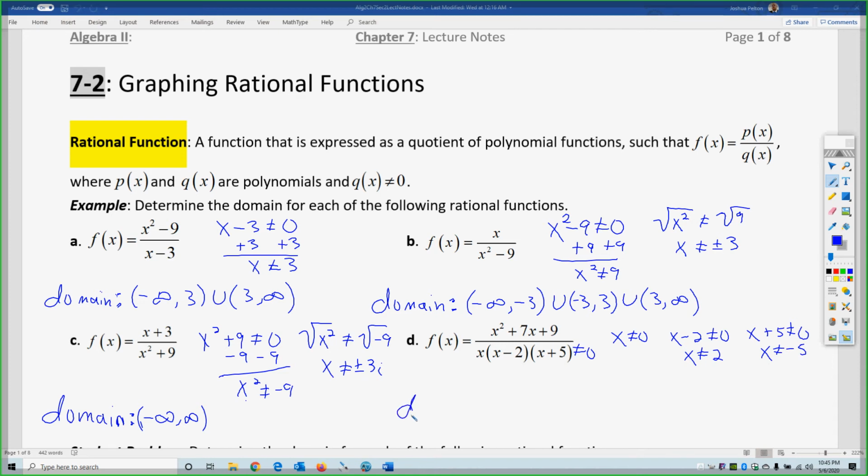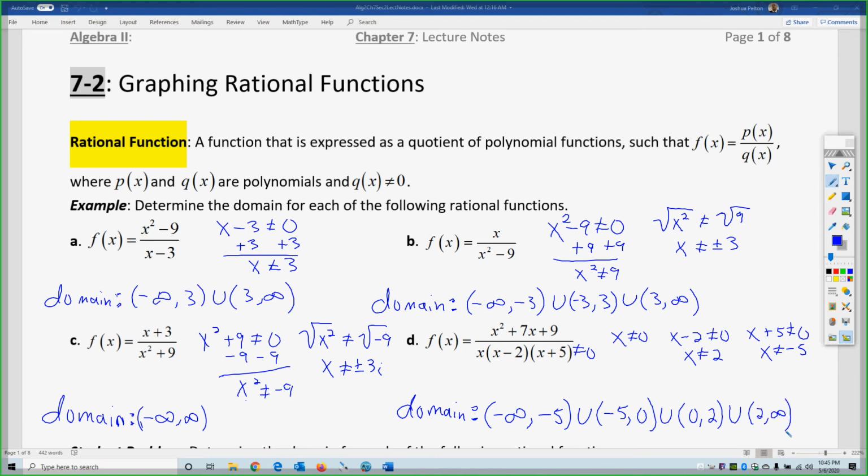So my domain has three gaps here, going least to greatest: negative infinity to negative 5, union negative 5 to 0, union 0 to 2, union 2 to infinity.